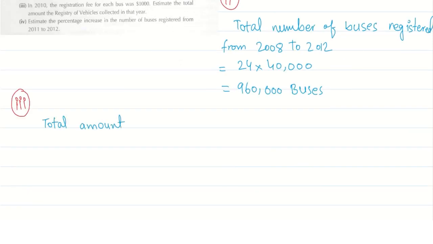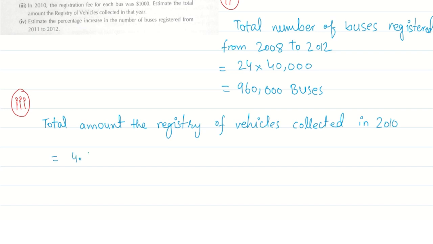Total amount the registry of vehicles collected in 2010 is equal to 4.5 times 40,000 times $1,000, and by multiplying we get $180 million.